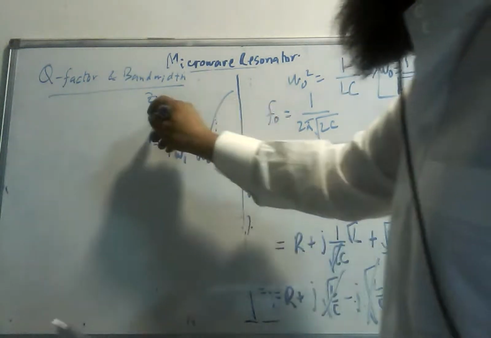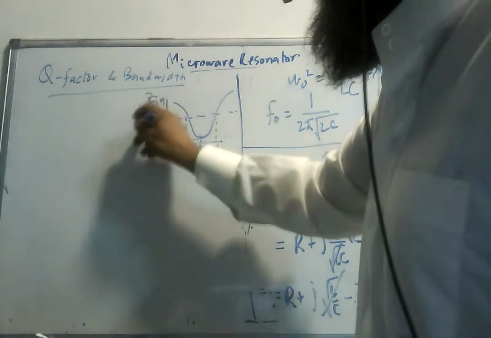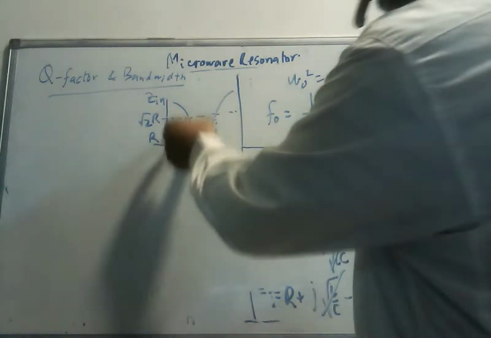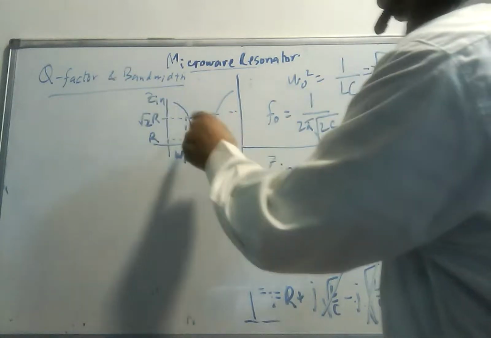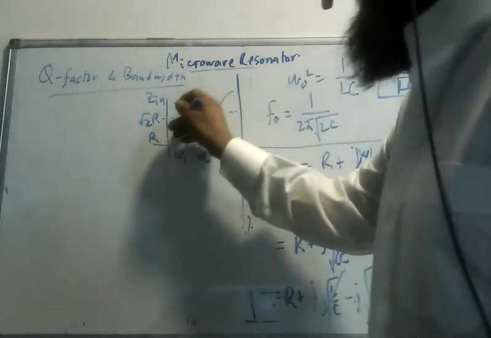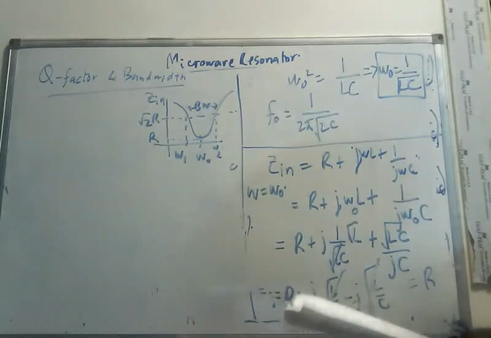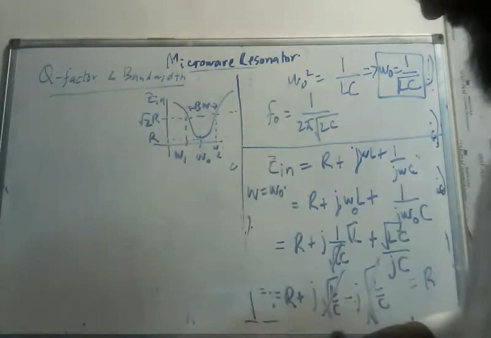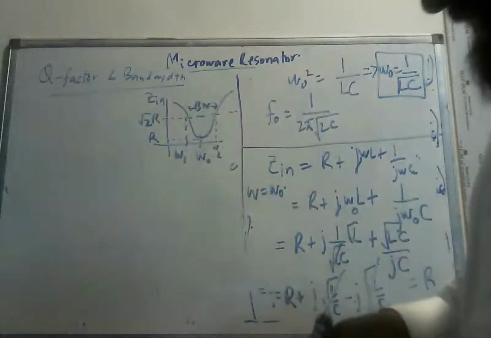These are the frequencies at which my input impedance increases to square root 2 R. When the input impedance is square root 2 R, we calculate the two frequencies, and this is my bandwidth. Now what is the relation between the Q factor and bandwidth? We will see in a few seconds. Now what is the Q factor?